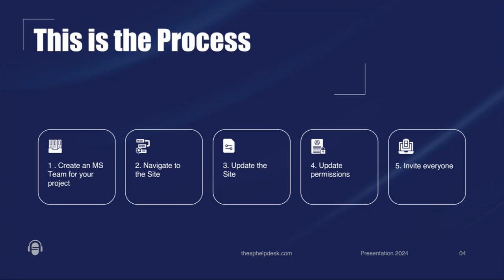Number 4 is update the permissions. By default, the way that people can use and interact with your site is probably a little bit more access than you want them to have. They can pretty much do the same thing you do. Let's say, for instance, you create a SharePoint list, which is like a spreadsheet. You create this list and you want people to just give you the information for the list.